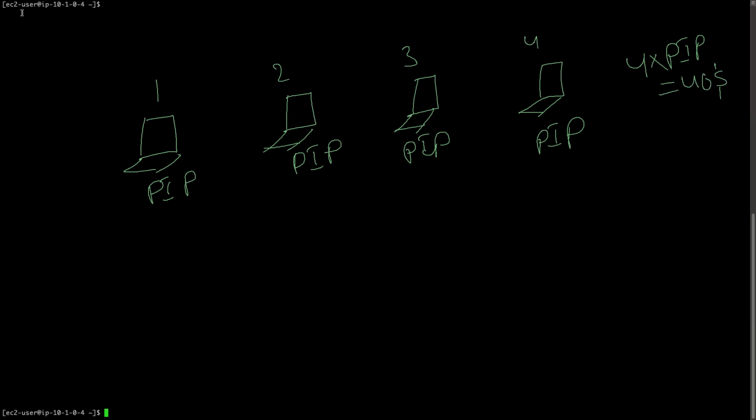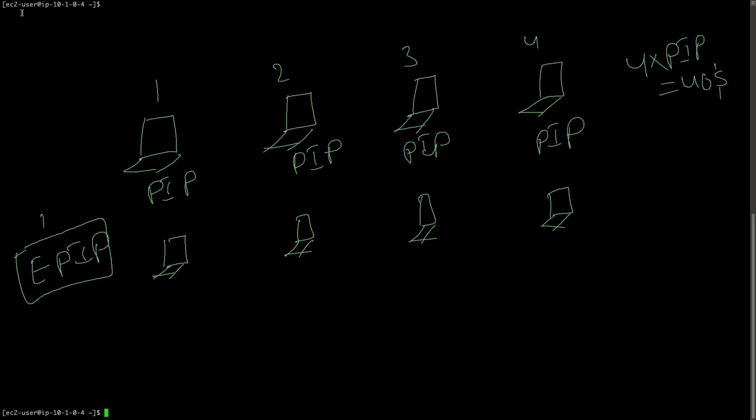So to avoid that, what we do in a company, you have the same machines. You just take one public IP, that is the Elastic public IP. Now you first assign it to this box whenever you want to access machine 1. Once you are done, you disassociate it.